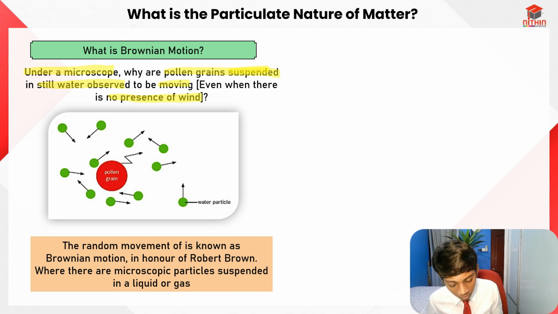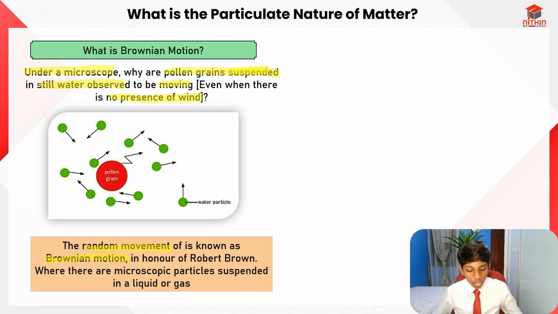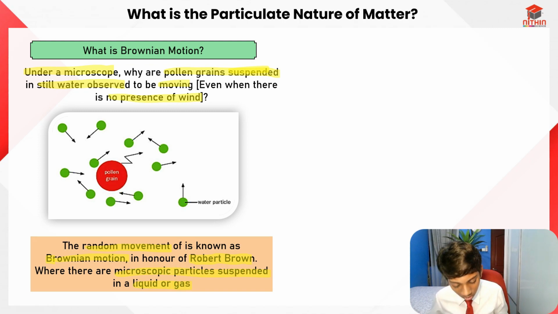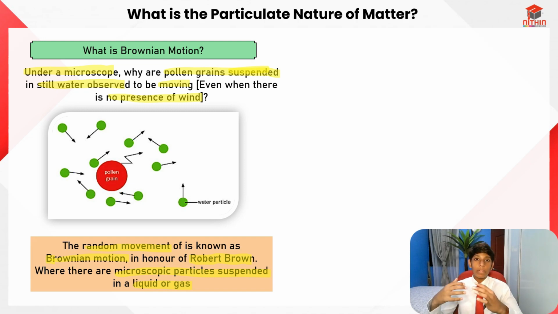So the random movement is known as Brownian motion, in honor of Robert Brown. Robert Brown is the one who actually found out this phenomenon. Brownian motion is the random movement of microscopic particles suspended in a liquid or a gas.